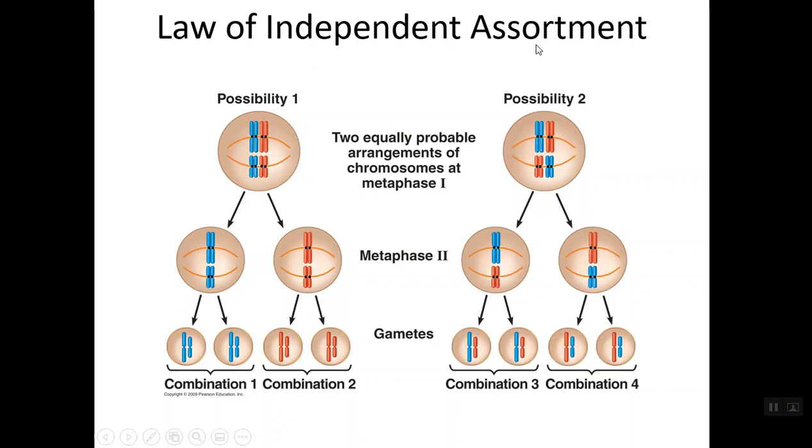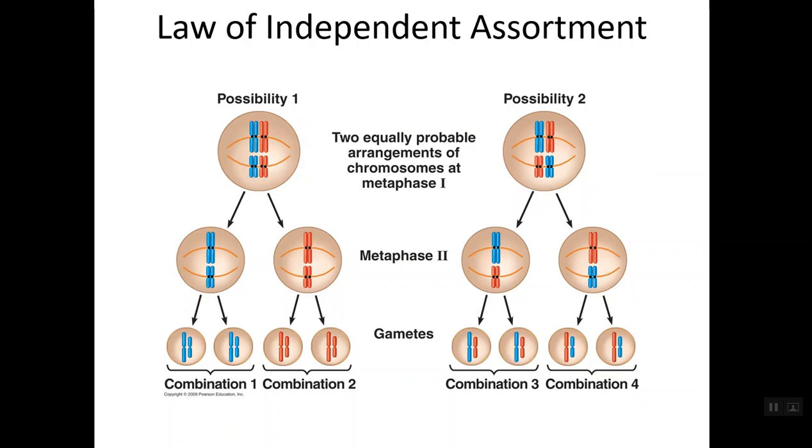And this phenomenon was initially understood indirectly by a genius, the father of genetics, Gregor Mendel.